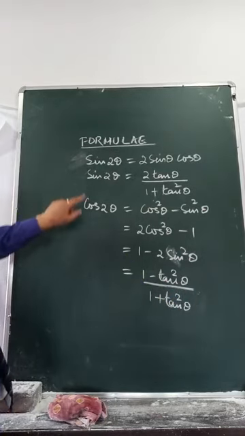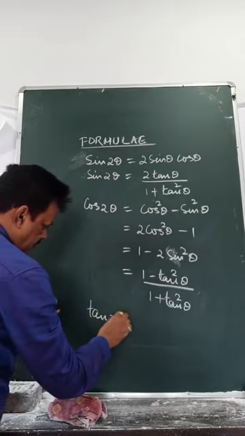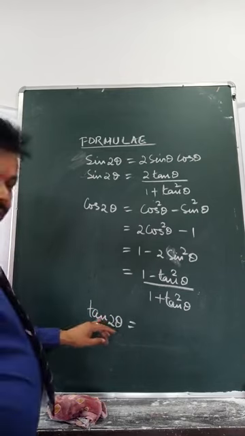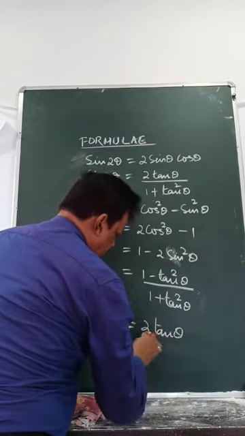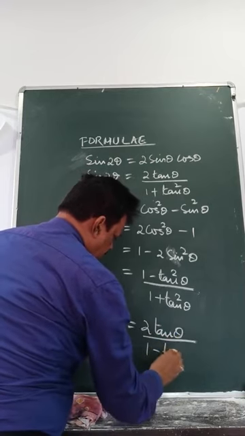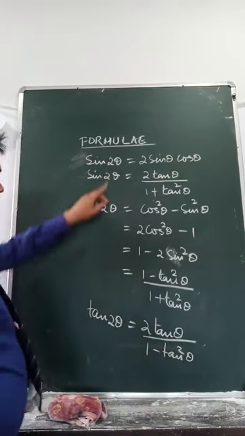This is the sin formula, cos formula. Tan 2 theta is 2 tan theta by 1 minus tan square theta. This is our 2 theta angle.